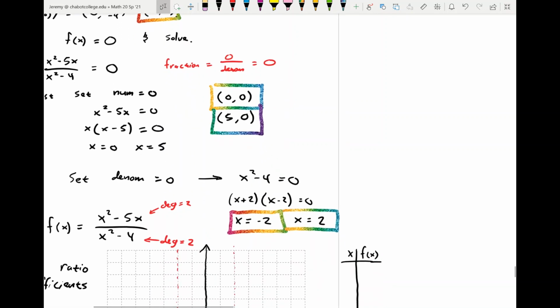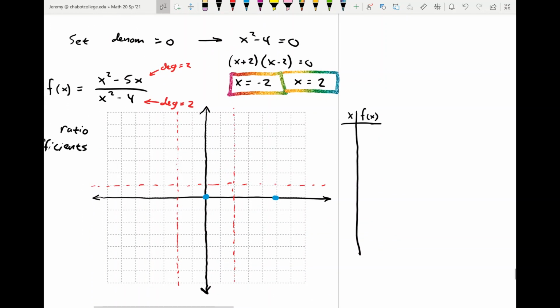Okay, so let's start with the left branch of our graph. I'll look at some values like, how about -5, -4, -3, and I can't put in -2 because that's where my asymptote is, but maybe -2.1.